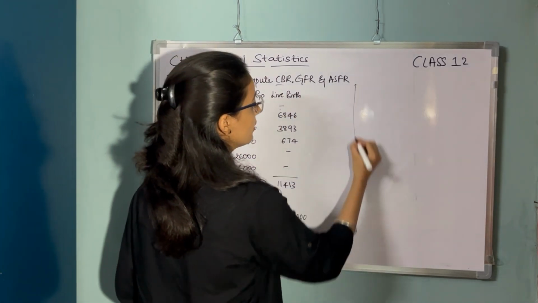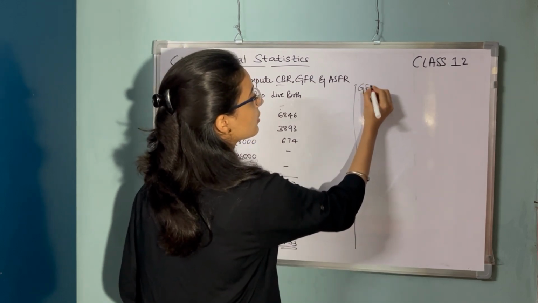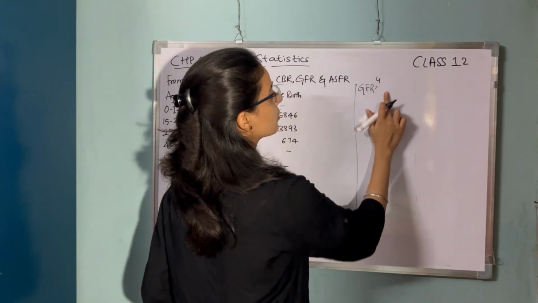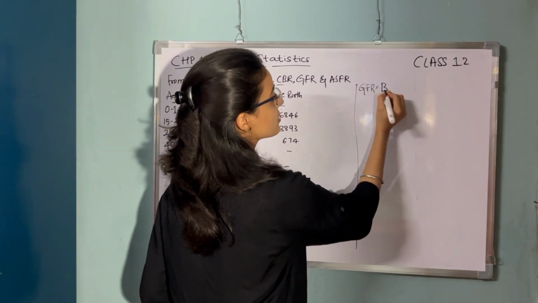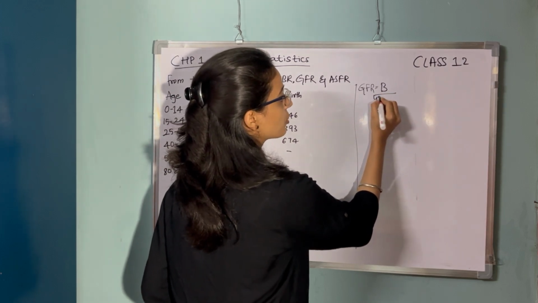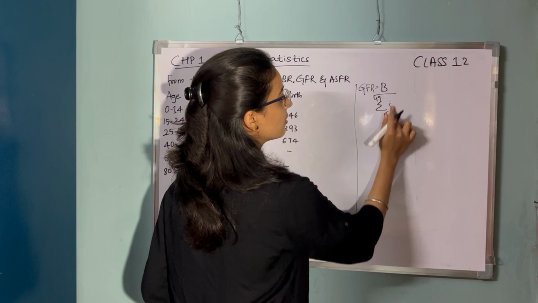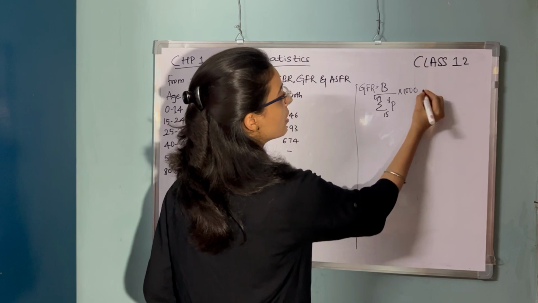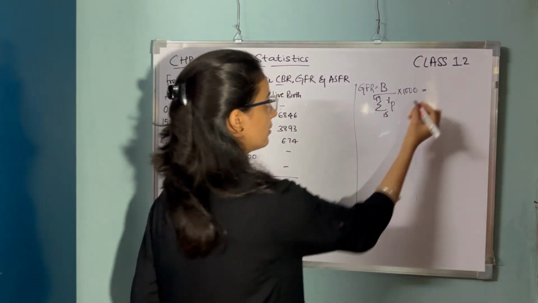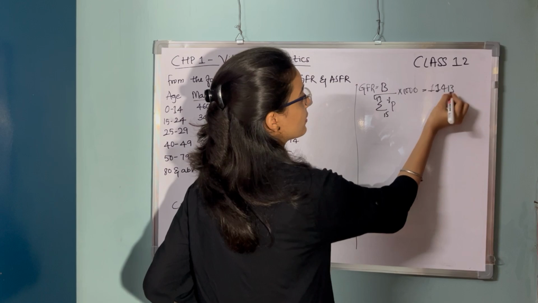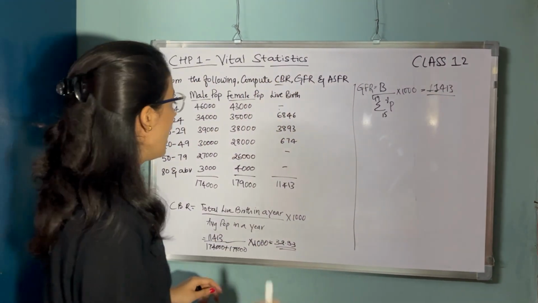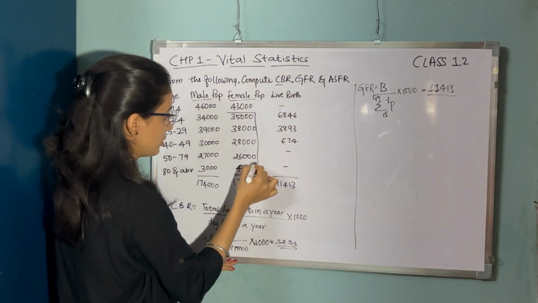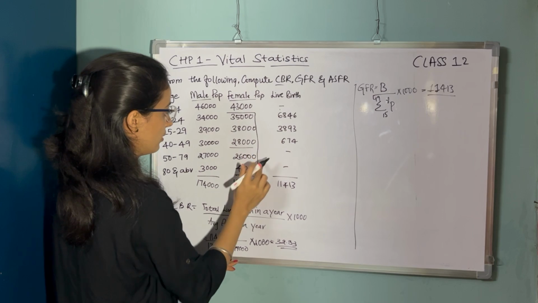Next, we are calculating GFR. What is the formula for GFR? The formula for GFR is births divided by the summation of female population of age group 15 to 49, into 1000. Here birth total is again 11,413, and only the female population of childbearing age, 15 to 49 only.